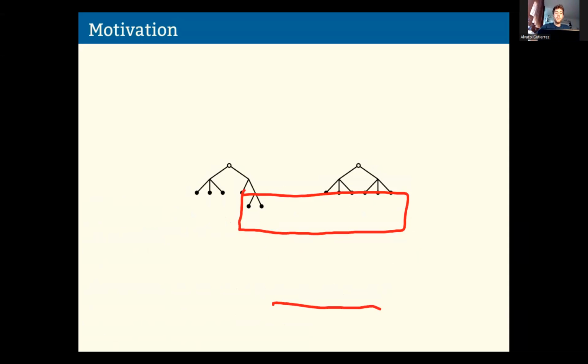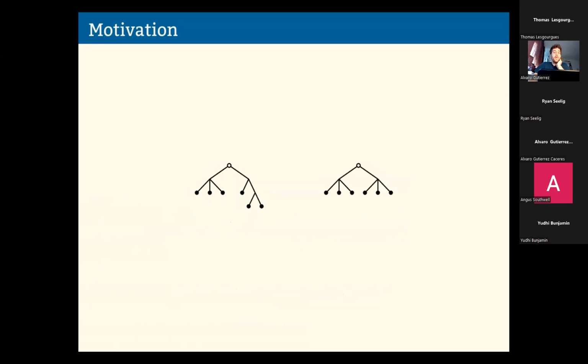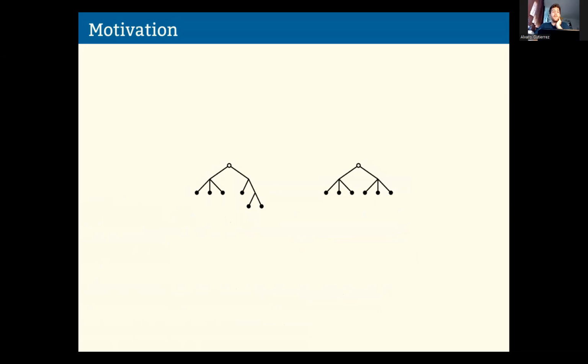Yeah, so the motivation is going to be studying some trees, some combinatorial objects, in this case trees. And in algebraic combinatorics, something you do is to associate an algebraic structure to a combinatorial structure, right?